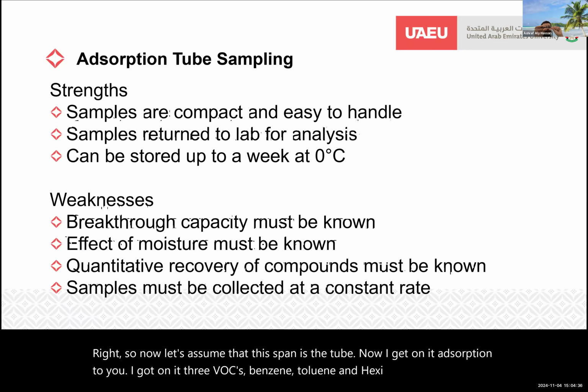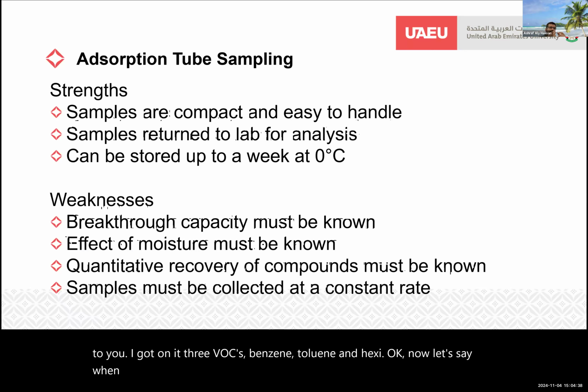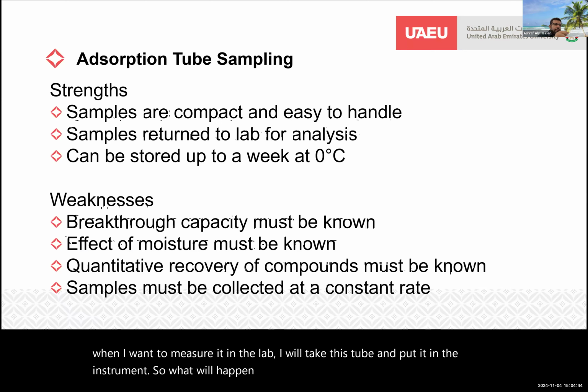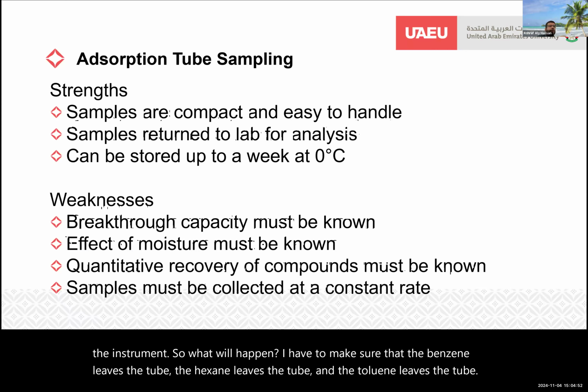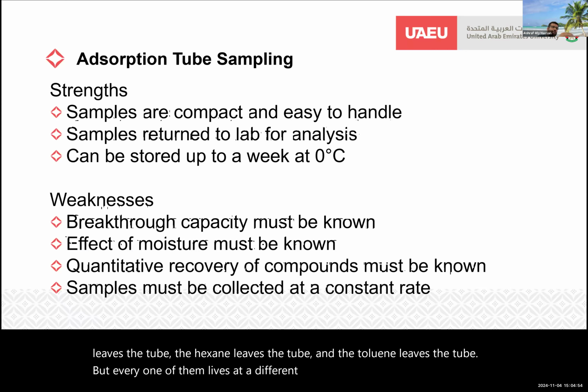Now let's say when I want to measure it in the lab, I will take this tube and put it in the instrument. I have to make sure that the benzene leaves the tube, the hexane leaves the tube, and the toluene leaves the tube. But every one of them leaves at a different temperature. I have to heat this tube to make them leave. They don't just leave.